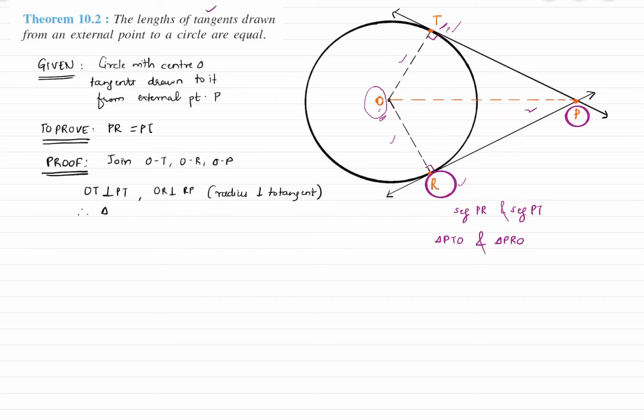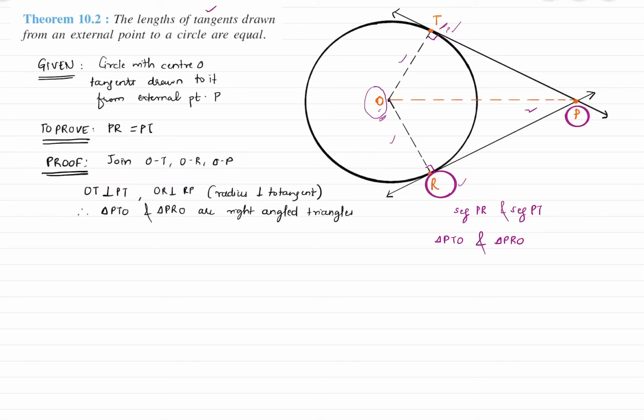Therefore, triangle PTO and triangle PRO are right angle triangles. Okay, and let's write down our test of congruency.